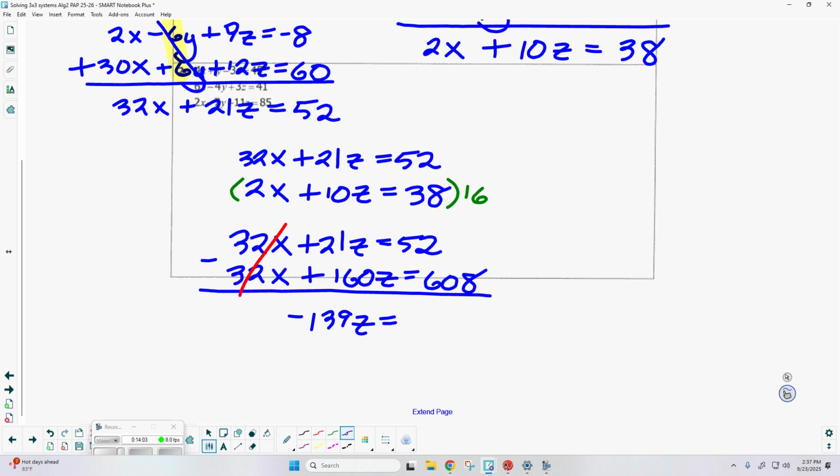There we go. Negative 556. Now I need to divide this by 139. What do I get? z equals 4.